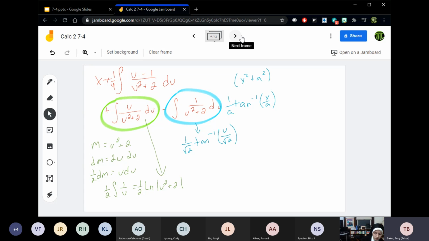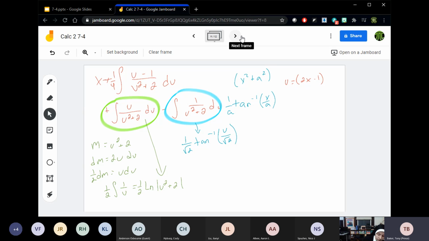All right, so now let's actually go through and write my final. So u originally in this whole problem was, where is it? 2x minus 1. All right, so now we can write our original problem out.